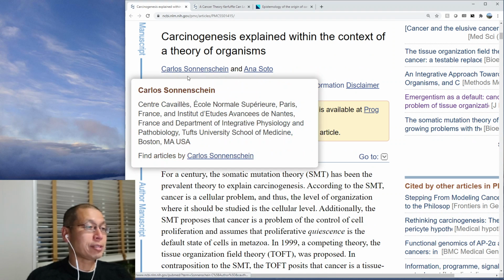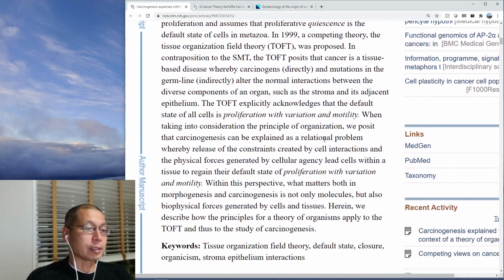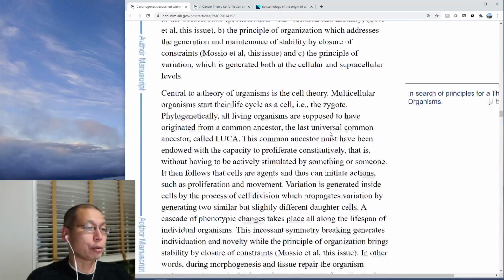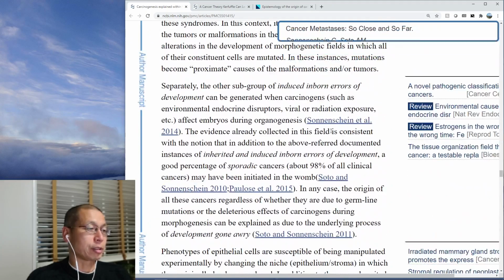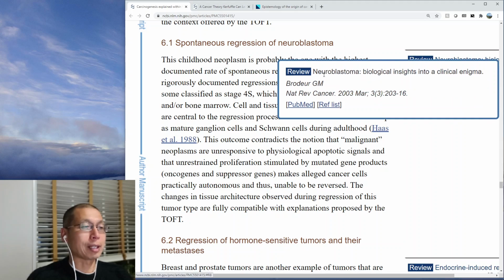So these are the two people that started this tissue organization field theory of cancer. They work at Tufts University, and this is their paper. And they basically go through very similar findings. Let's see. Let's go down. Okay, yeah. So they talk about spontaneous regression of neuroblastoma.